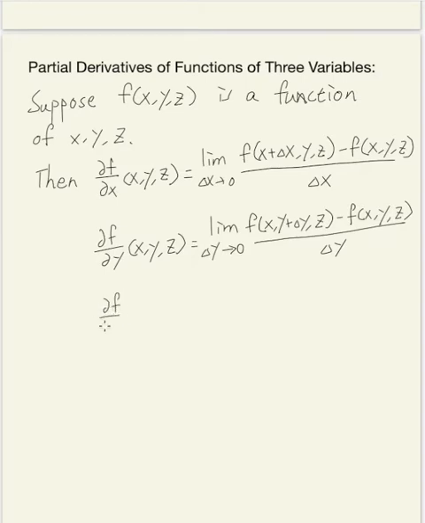And the last partial, df dz, is the limit as delta z goes to 0 of f of x, y, z plus delta z, minus f of x, y, z, divided by delta z.